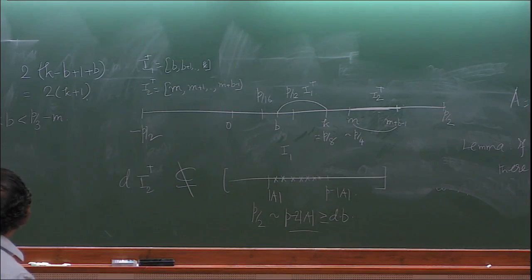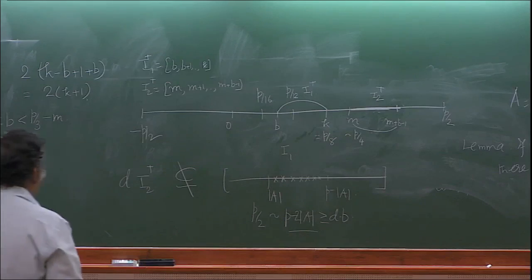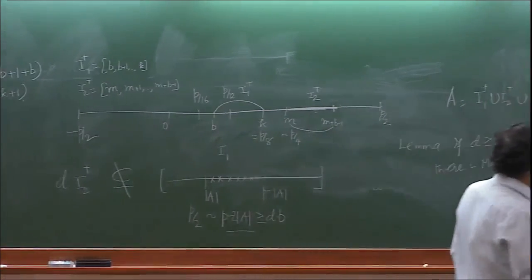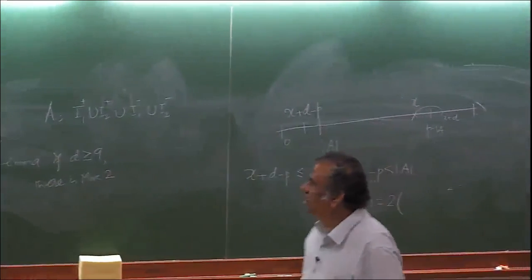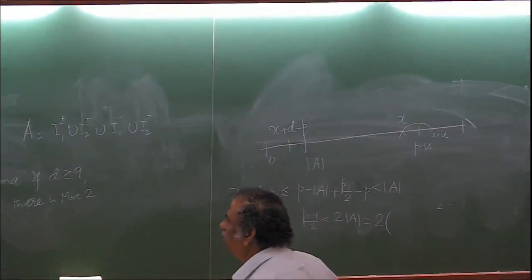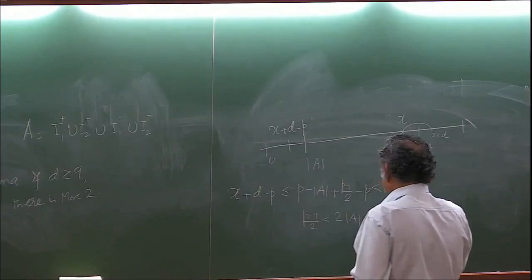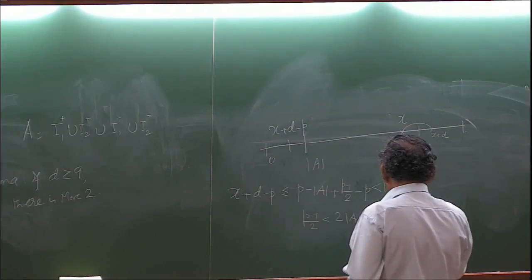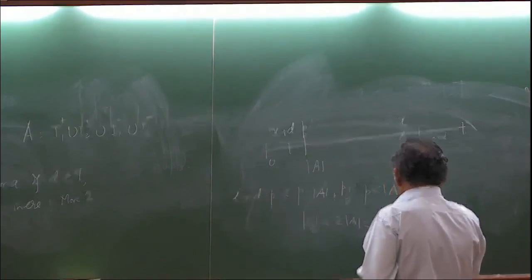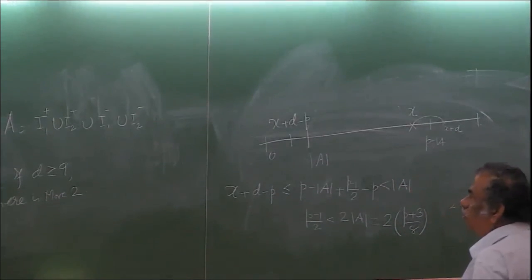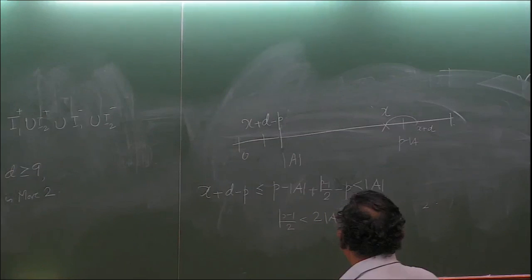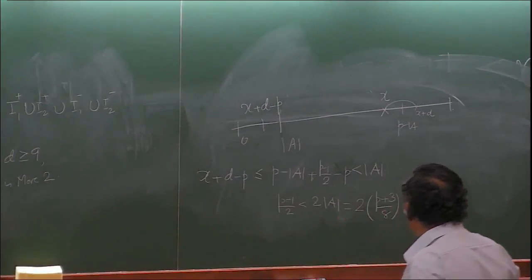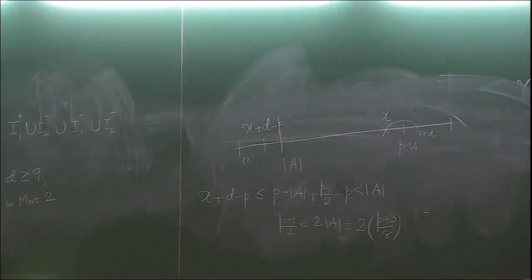And 2 times k plus 1 is what? Cardinality of A is 2 times k plus 1, which is p by 4. You multiply by 2, because A is twice that part.